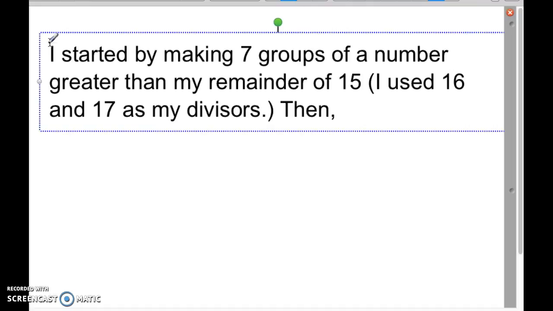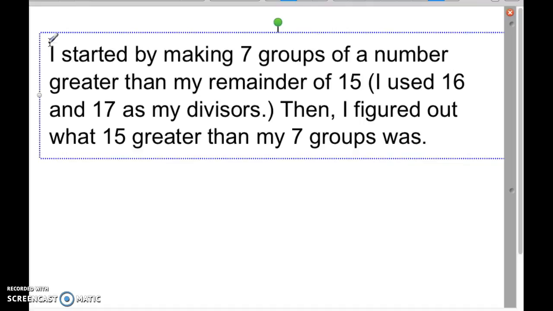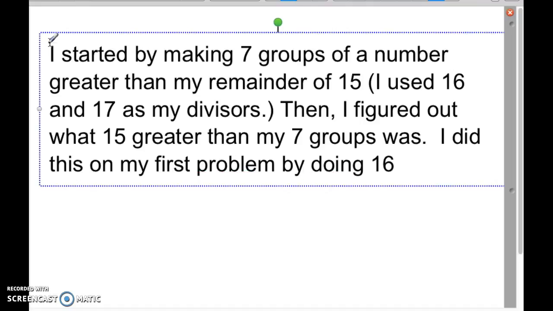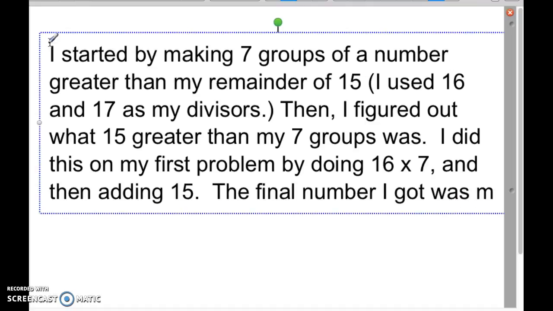Okay. Then I figured out what 15 greater than my 7 groups was. I did this on my first problem by doing 16 times 7 and then adding 15.